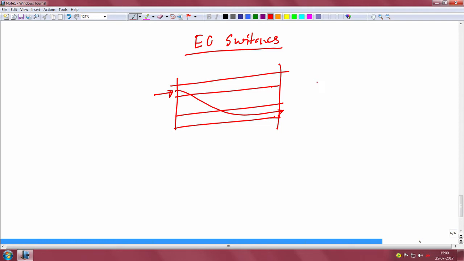This is due to what can be called evanescent coupling. We have studied this using the coupled mode theory.